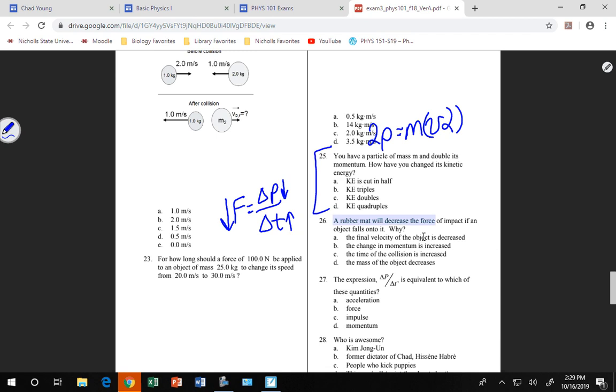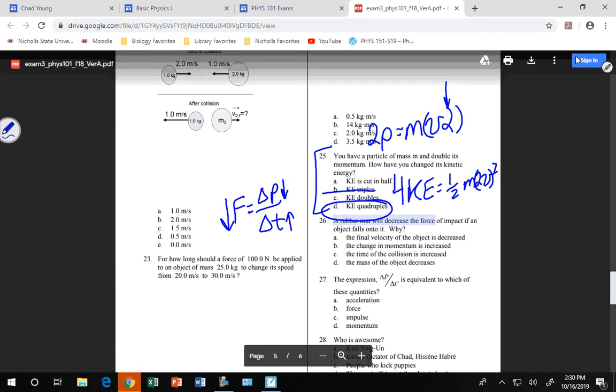And so now I'm asking, if you double its momentum, what have you done to its kinetic energy? Kinetic energy is 1/2 mv squared. If I double its velocity, which is what I had to do to double its momentum, I quadruple the kinetic energy. So D is the right answer there. Those types of questions you'll see on the quiz and on the test.